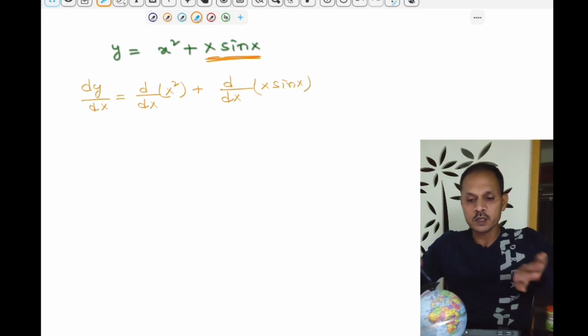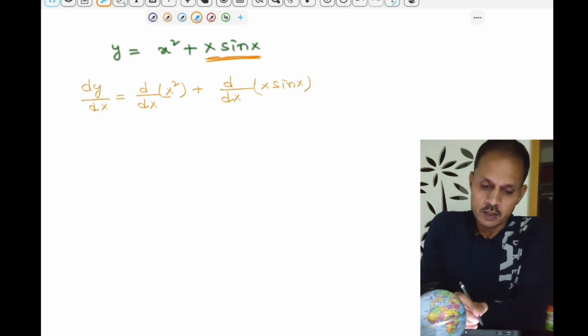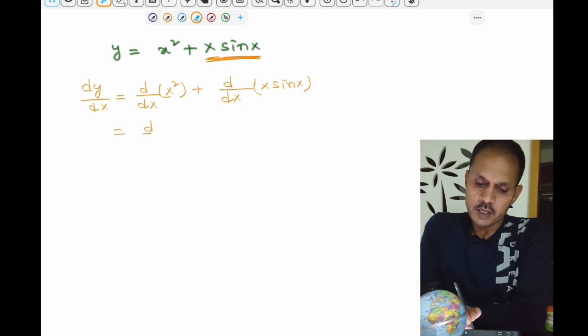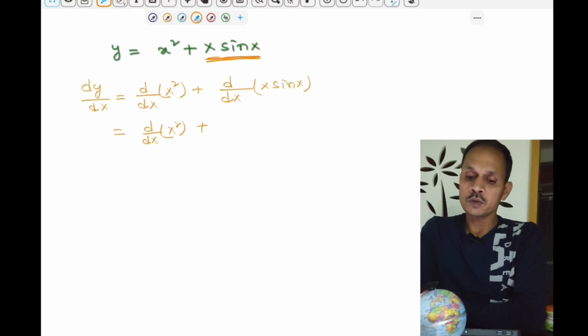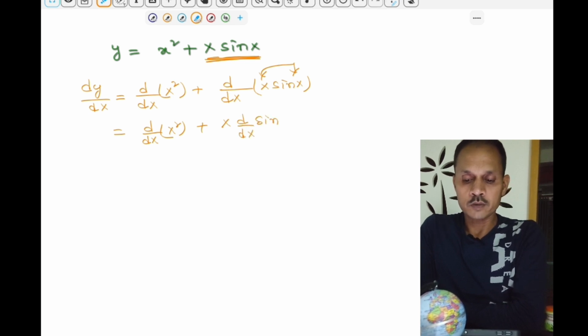First dividing the addition, then d by dx of x square plus, now use the multiplication method, leaving x as it is, d by dx of sin x plus leaving sin x as it is, d by dx of x.